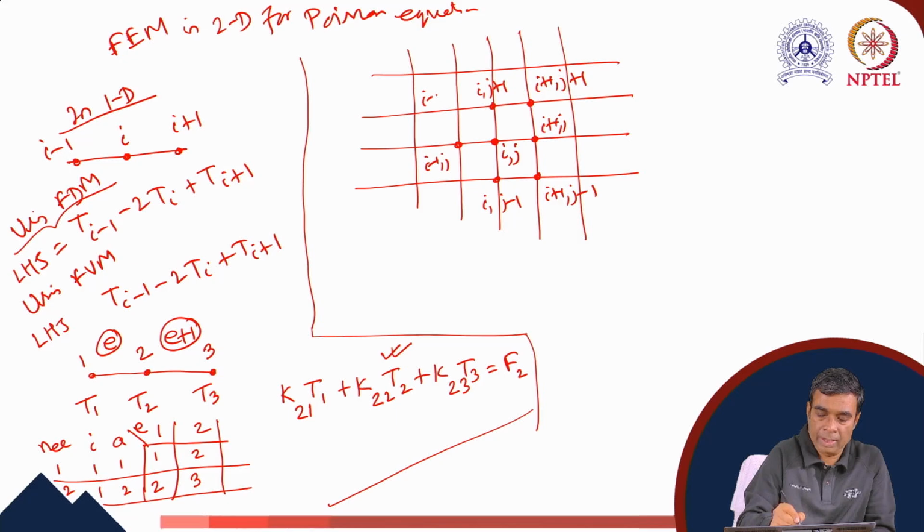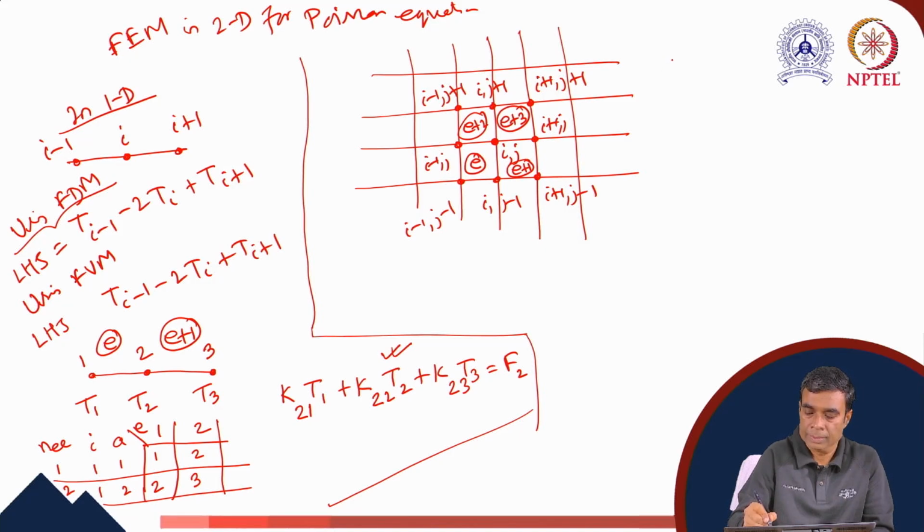This is I minus 1, j plus 1. And this is I minus 1, j minus 1. So let us consider these elements as element E plus 1, element E plus 2, and element E plus 3.